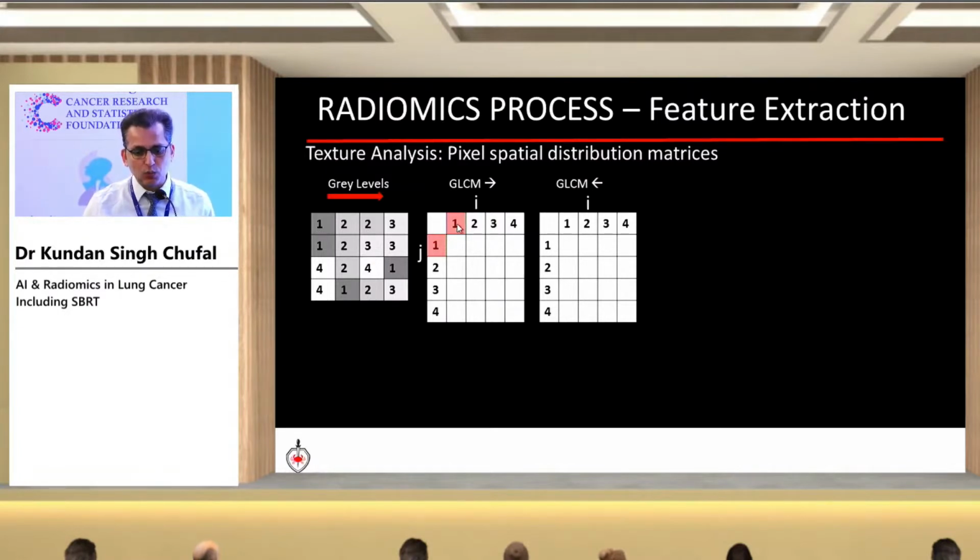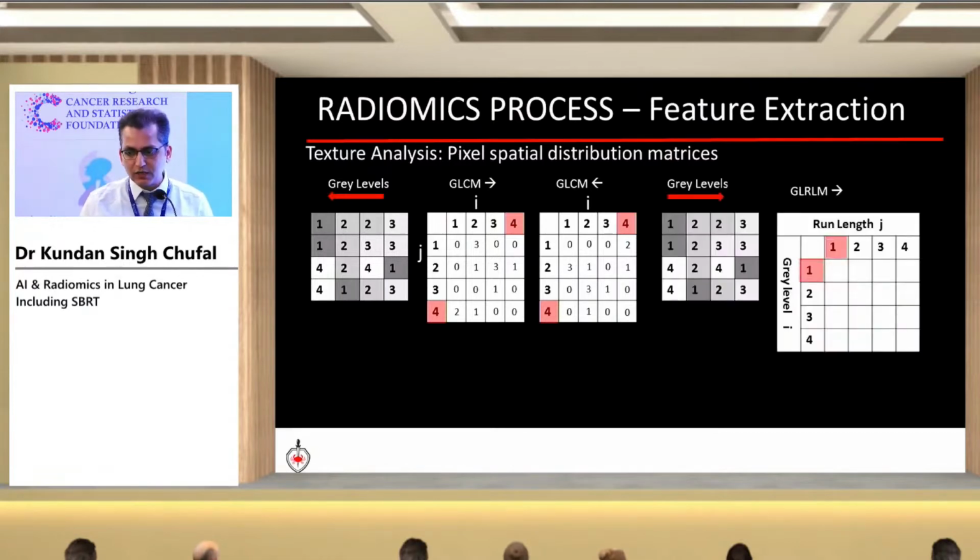So I is gray level 1 and J is 1. The pair of 1 and 1 we look for in one particular direction, and we see that it occurs 0 times. Then there is a pair of 2 and 2, which occurs 1 time. This way we collect the data and fill out these matrices, then we change the direction, collect the data again and fill up the matrix, and then we do some statistical analysis on these and collect the features. This is the basic methodology.